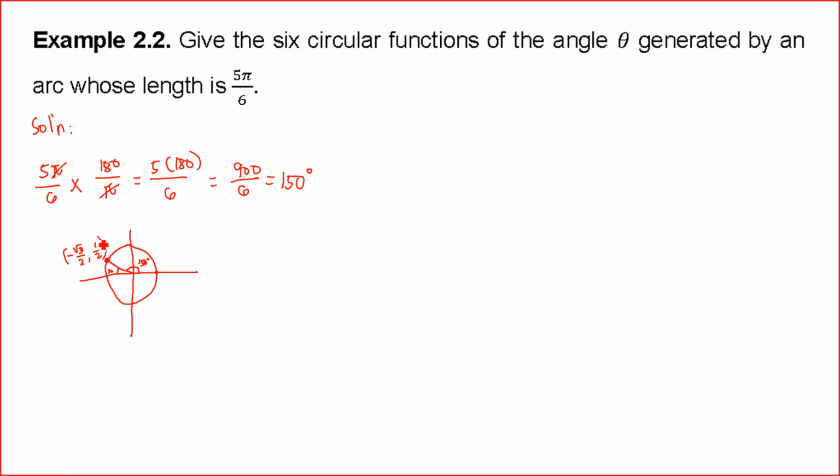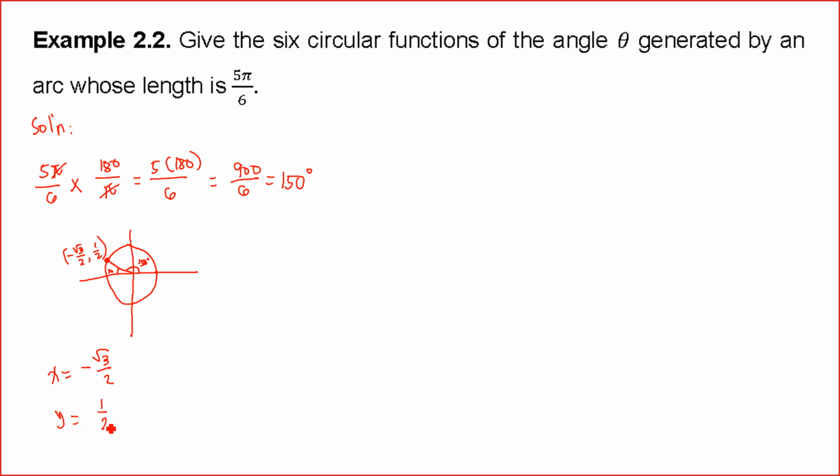Okay, di ba? This is actually what you had in your previous week. So in other words, our x here is negative square root of 3 over 2, and our y is equal to 1/2.